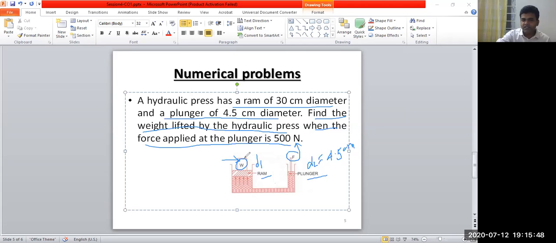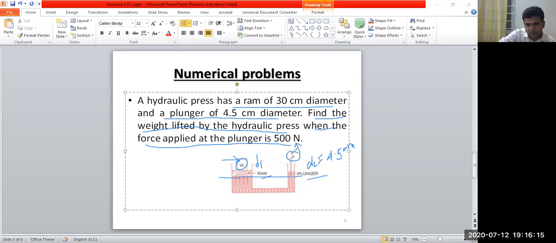So what is the value of this W? What is the value of this weight if we apply the force F equal to 500 Newton on this plunger? See, the fluid is static, so whatever force is applied here, both are on the same line.